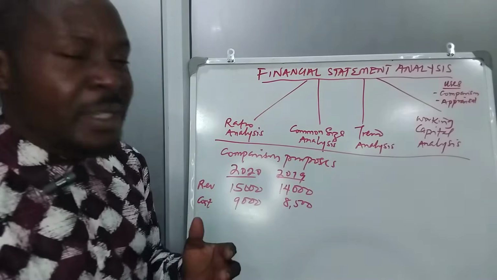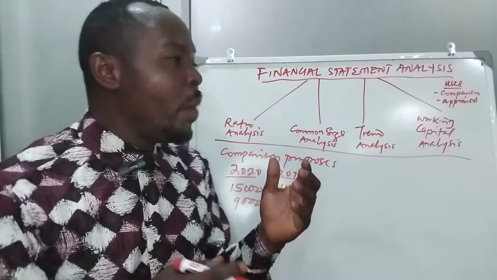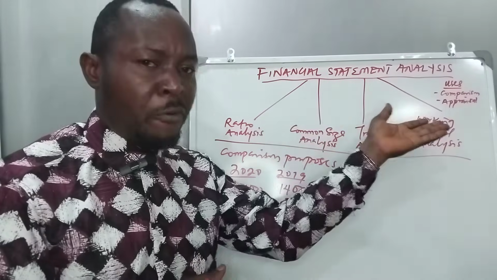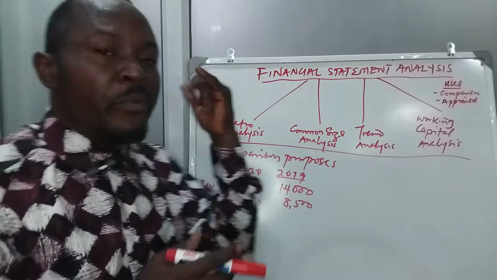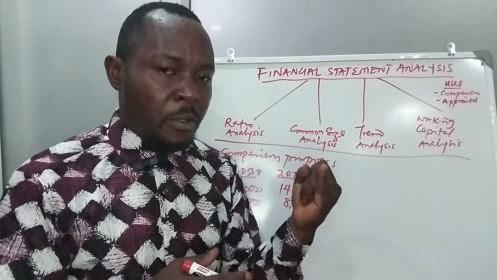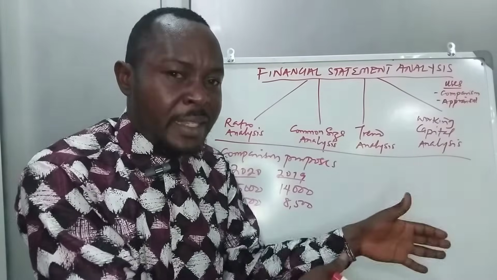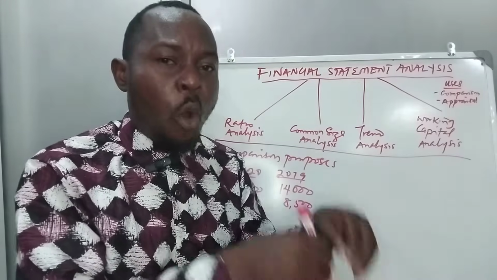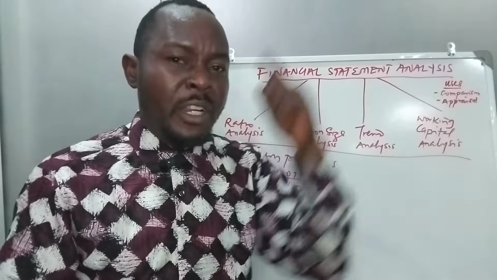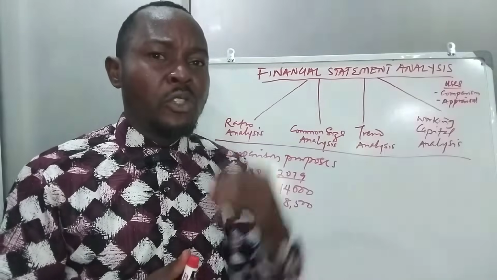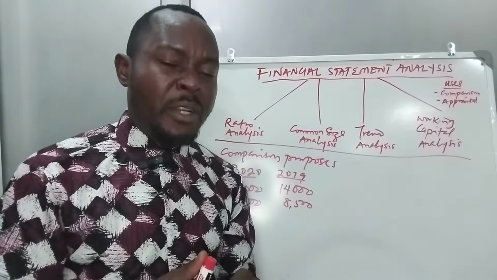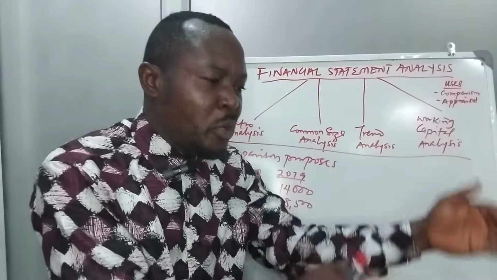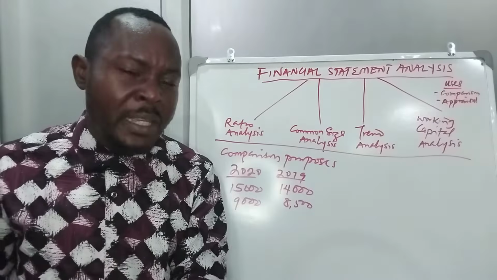Okay, let me reiterate what I have said about the uses of these tools. We use them for comparison purposes. That is, you compare the current year with the previous year, compare the current result of an entity with the future, forecast or projected result of the same entity. You can compare a subunit of the same entity with another subunit.